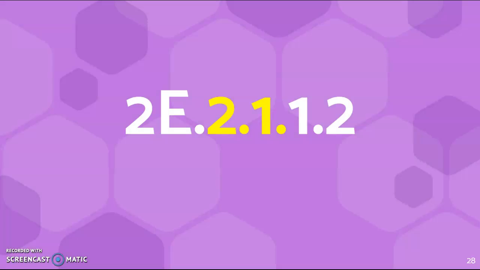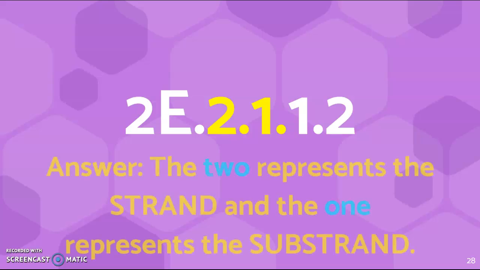Possibly you could write it down for practice. And I will go through the answer here in a second. So what does the 2 stand for and what does the 1 stand for? Okay, the answer is the 2 represents the strand and the 1 represents the substrand.